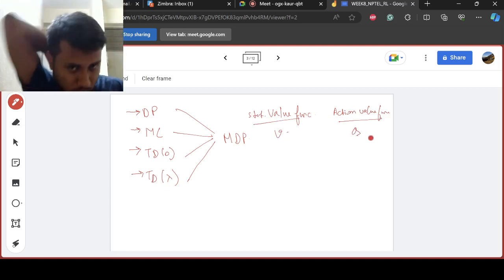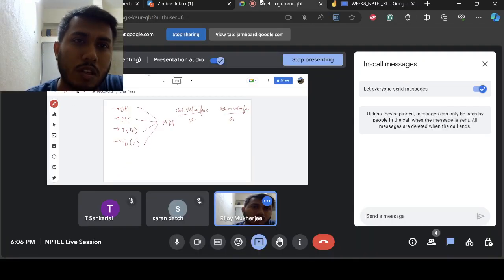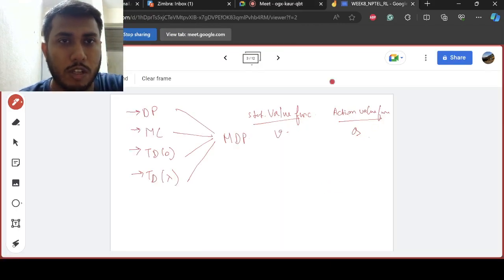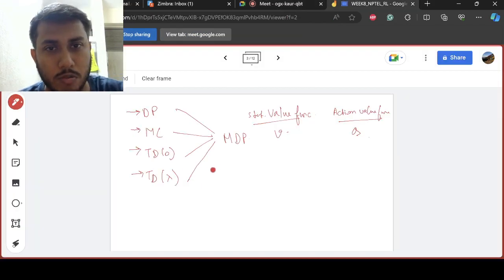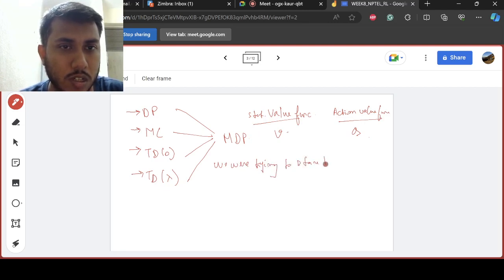If you look at each of these algorithms, each has one specific thing that we are trying to do each time: we are trying to store the values of each state.